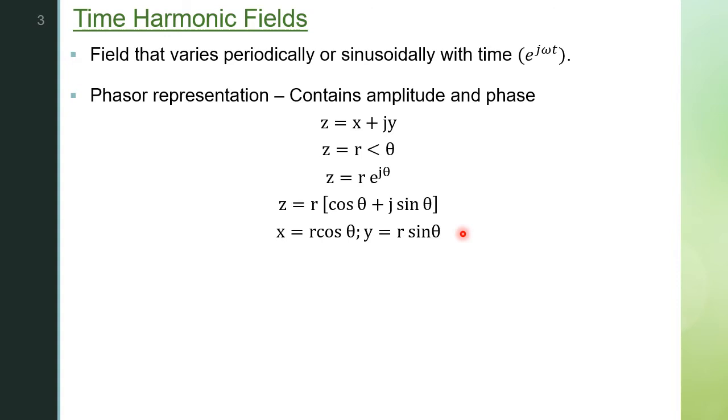If you want to determine the amplitude in terms of x and y, you get r equal to root of x square plus y square, since x square plus y square gives r square. And theta is given by tan inverse y by x, because sin theta by cos theta gives tan theta. So tan theta equal to y by x, so theta equal to tan inverse y by x.